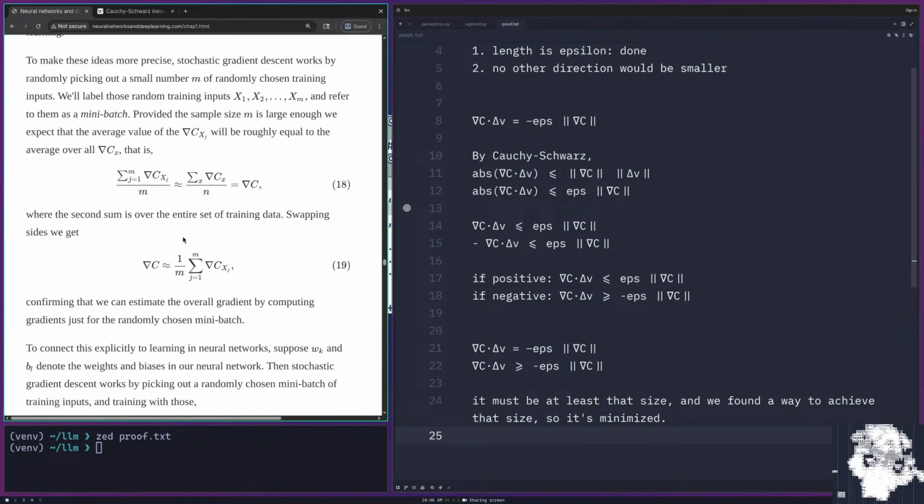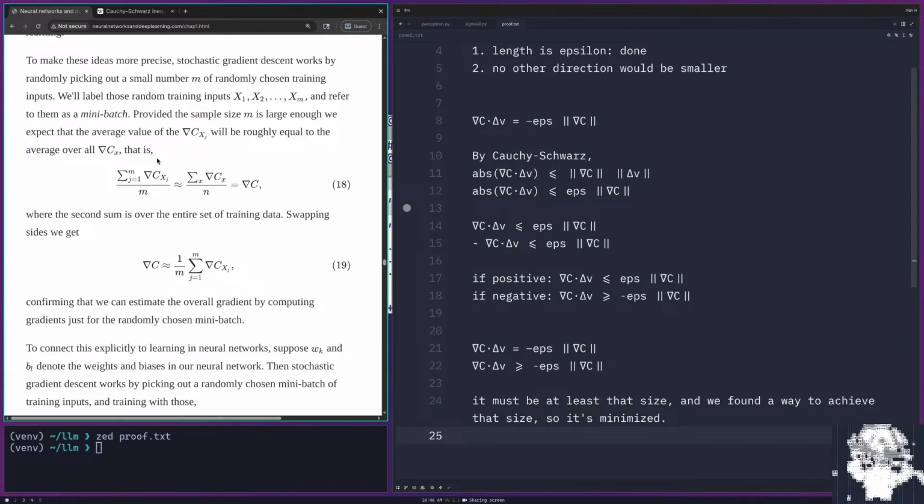To make these ideas more precise, stochastic gradient descent works by randomly picking out a small number m of randomly chosen training inputs. We'll label those random training inputs X1, X2, etc., Xm, and refer to them as a mini-batch. Provided the sample size m is large enough, we expect that the average value of grad of C Xj will be roughly equal to the average over all grad of Cx.